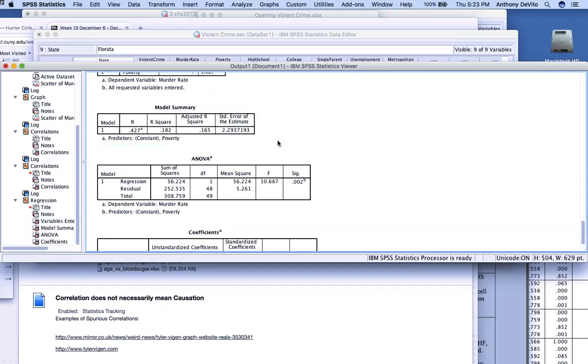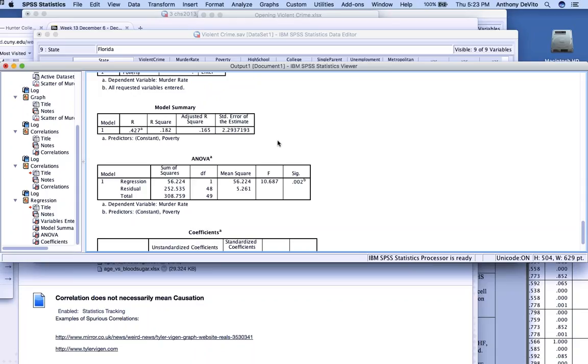That's R squared. An interesting detail about R squared: it represents the amount of the variability between poverty level and murder rate that's explained by poverty level. What percentage of the change in the murder rate is explained by the change in the poverty level?